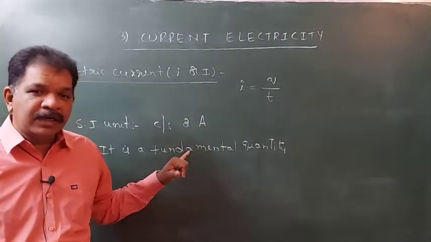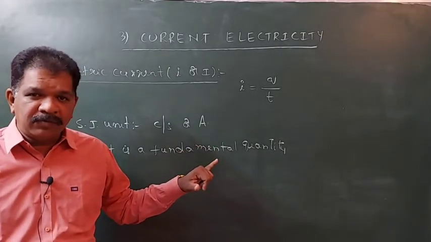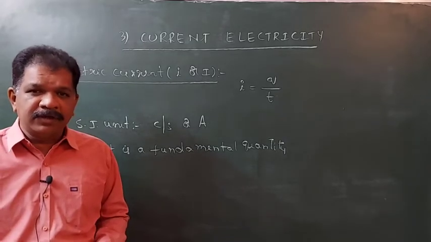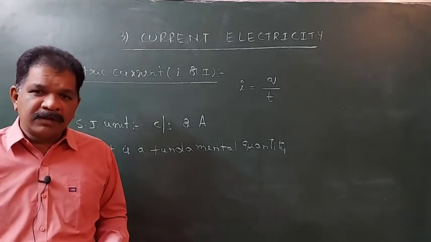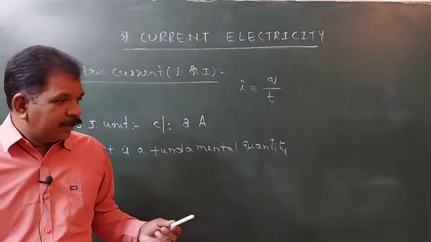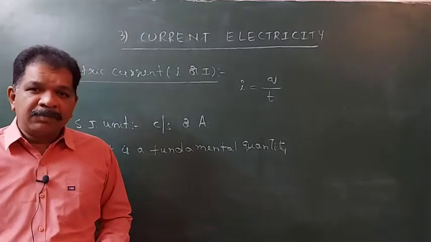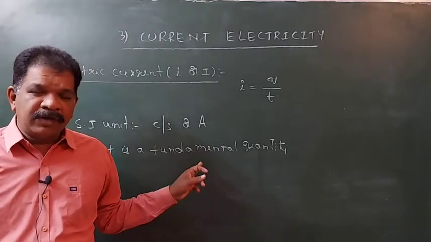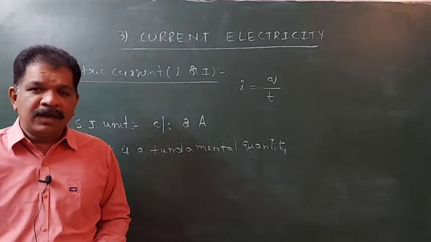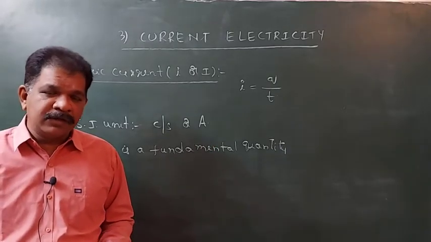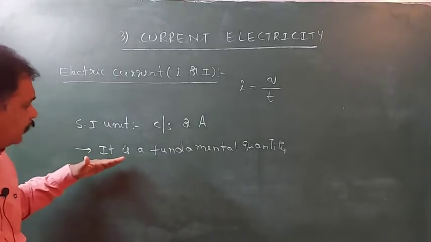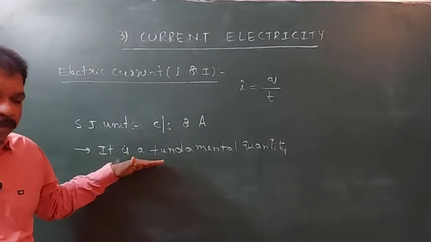This electric current will be a fundamental quantity. What are the fundamental quantities? Length, mass, time, electric current, temperature, quantity of matter, luminous intensity. All these are the fundamental quantities. Like that, electric current is also a fundamental quantity.